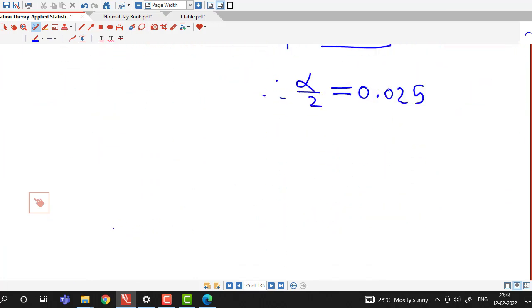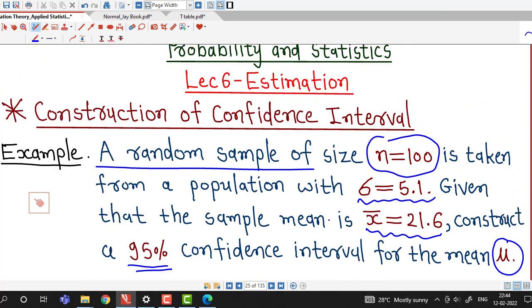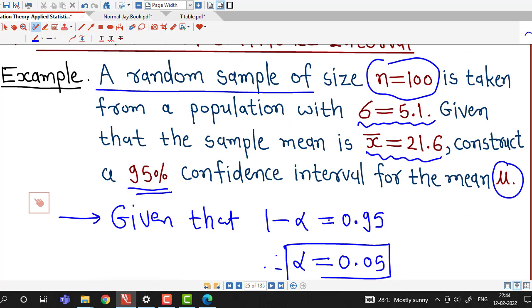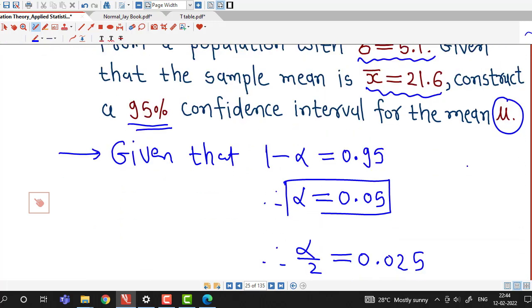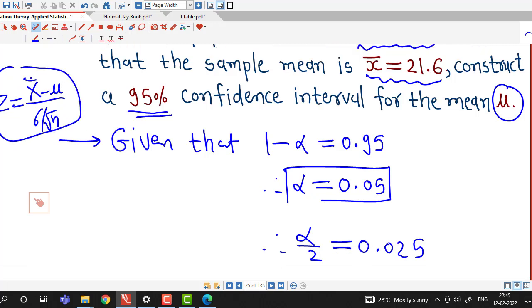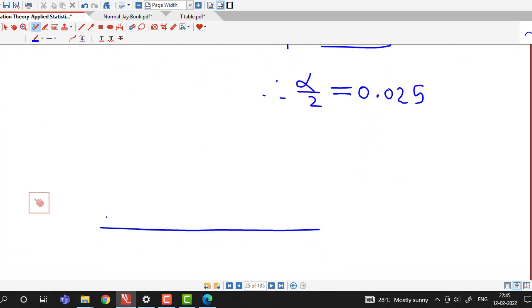As we have discussed, in estimating a population mean mu, z equal to x bar minus mu over sigma over square root of n is a standard normal random variable, and the graph of a standard normal random variable is a bell shaped curve.